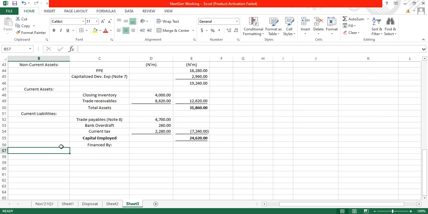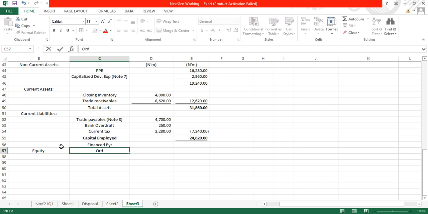For equity, I'll write equity and non-current liabilities separately. So for equity, what do we have? The share capital. Which of the share capitals? Ordinary share, because we also have preference share. So ordinary share capital is how much? 10,000.